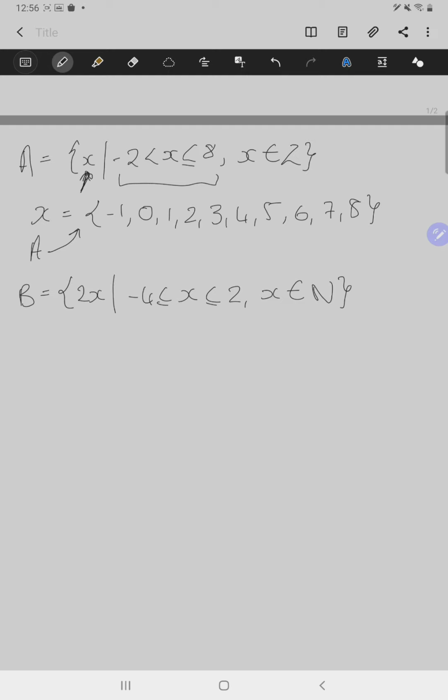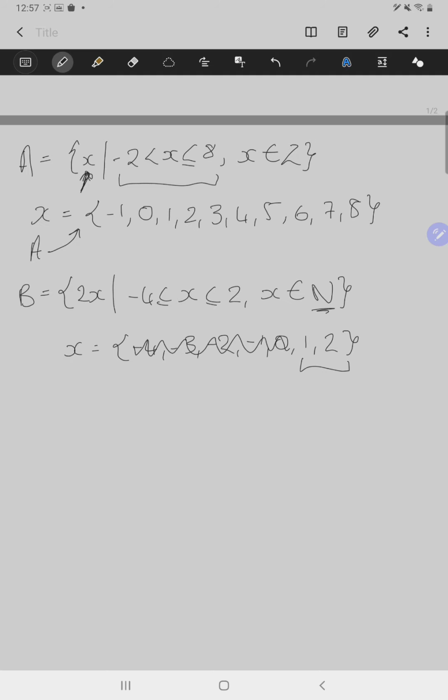So we say that X is including -4 and including 2, so that would mean we would have -4, -3, -2, -1, 0, 1, 2. But in actuality, since it's a natural number, anything from 0 down we don't count. So it is actually just 1 and 2.